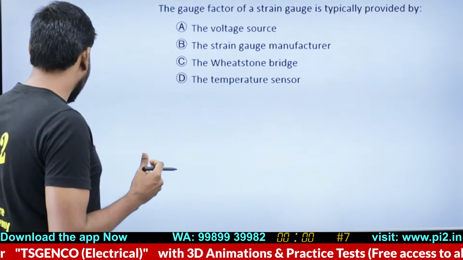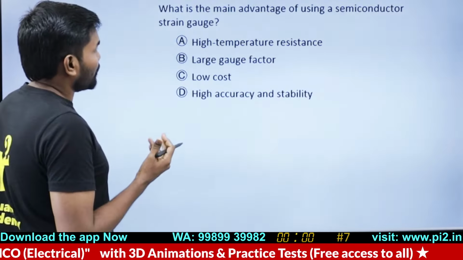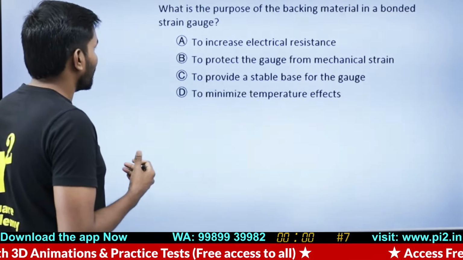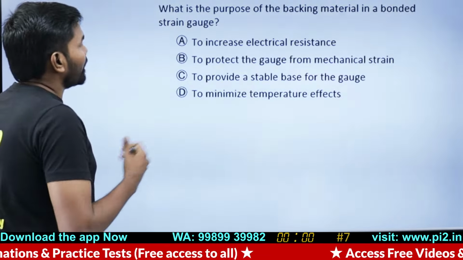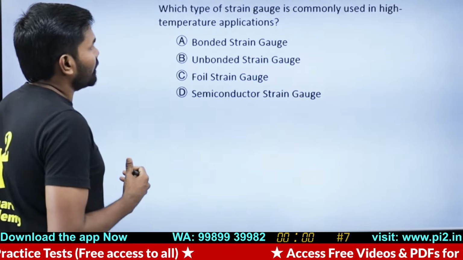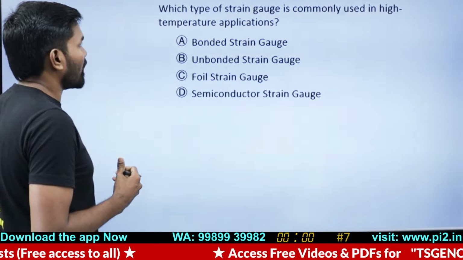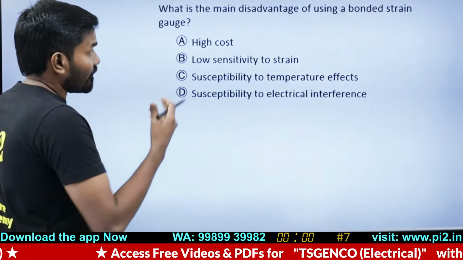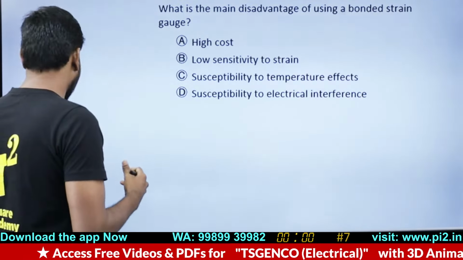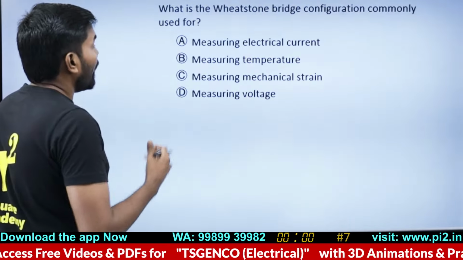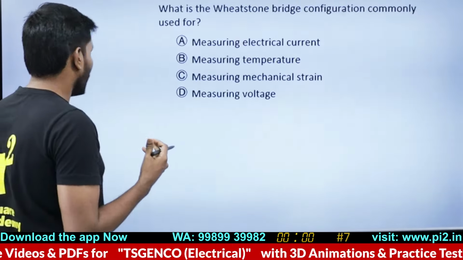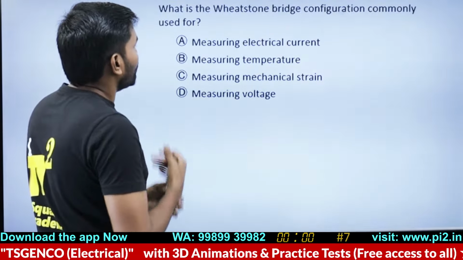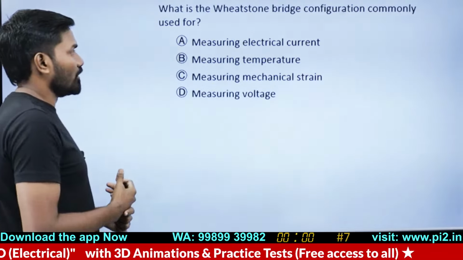Next question is this. Advantage of using a semiconductor strain gauge. Just now I said. Backing material for strain gauge commonly used for high temperatures, and why it is commonly used. The disadvantage of using a bonded strain gauge, and this is an important one. Wheatstone bridge configuration, what is it for?